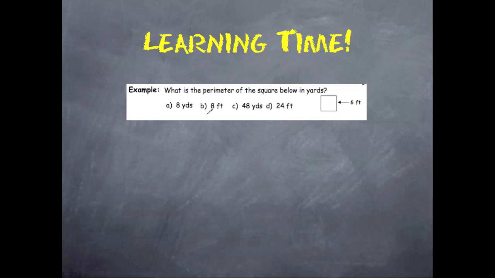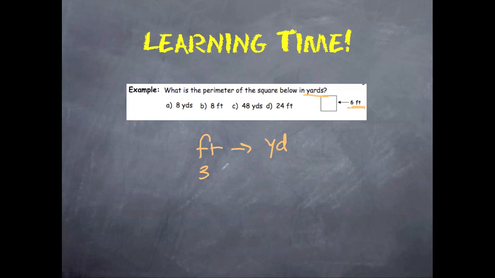So in this example, they ask us what is the perimeter of the square below in yards. So that means we're going to have our answer in yards, but they give us our dimensions in feet. So that means we're going from feet to yards. So now we have to figure out, are we going from big to small or small to big?